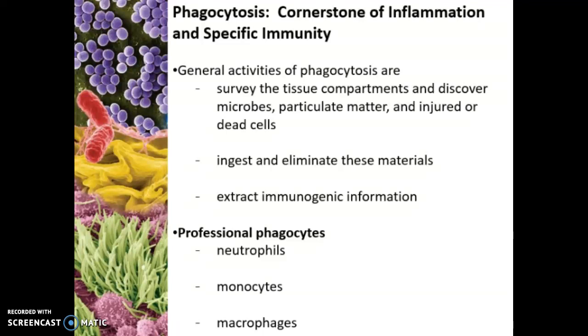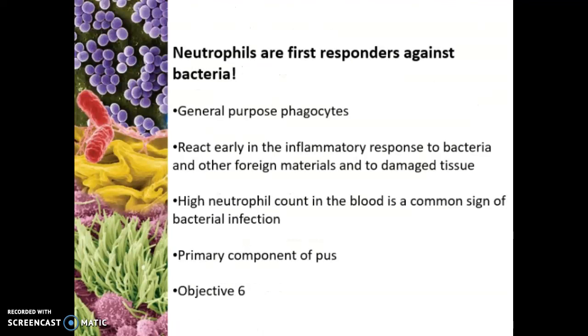And then, in addition to physically eating them up, it's going to help in specific immunity, so extract immunogenic information. The professional phagocytes are neutrophils, monocytes, and macrophages. Neutrophils are the first responders against bacteria.